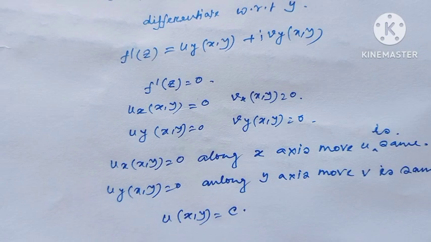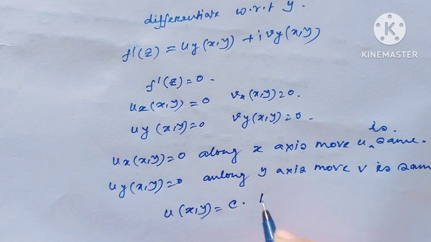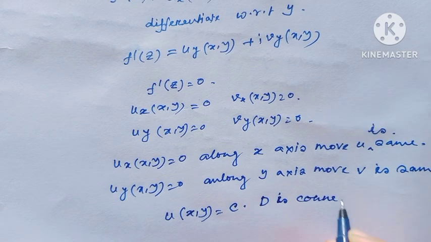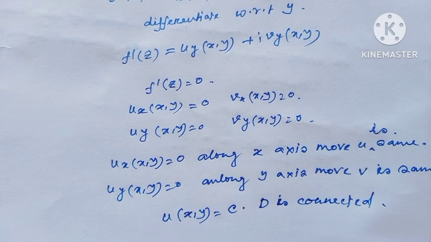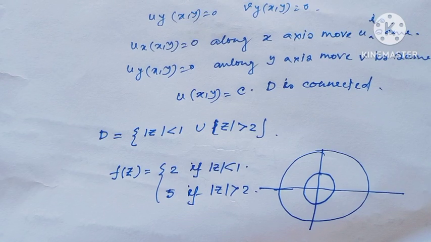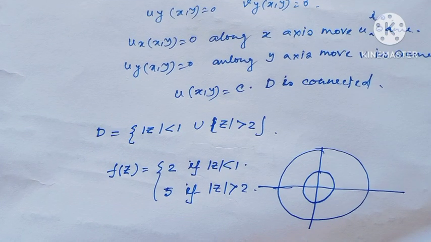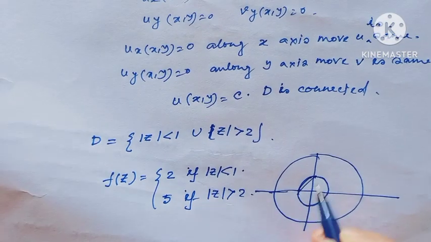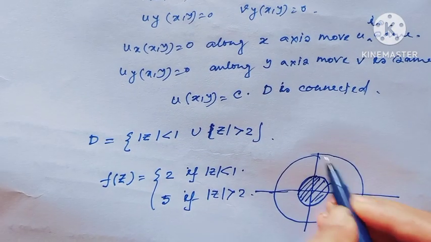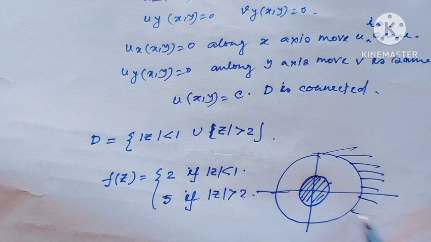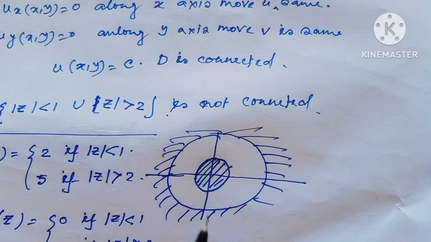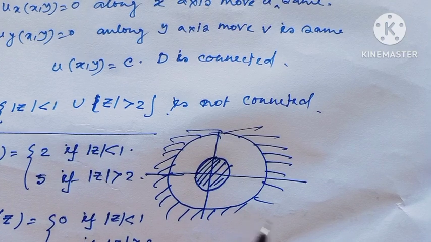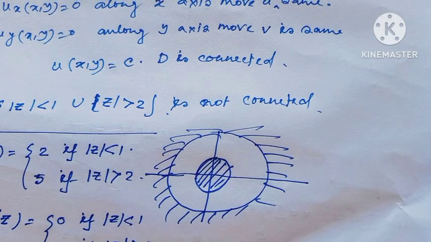And here the important thing is that the domain D is connected. When D is not connected, consider D equal to |z| less than 1 union |z| greater than 2. Consider this domain, and notice this domain is a disconnected set.